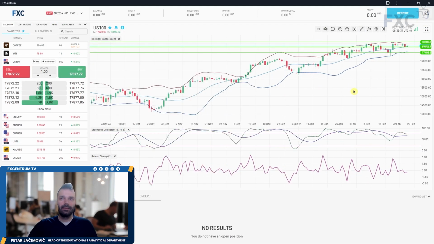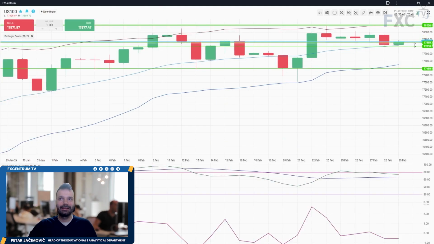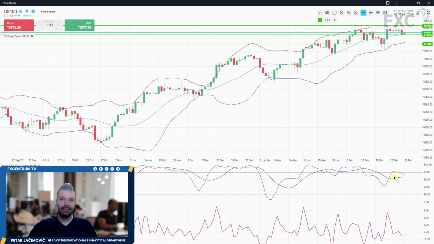Now US 100. What is happening here is the middle Bollinger Band is on test. See that the middle Bollinger Band is at 17,800. Yesterday we had a down day, something that I alerted because of the fast line and slow line.